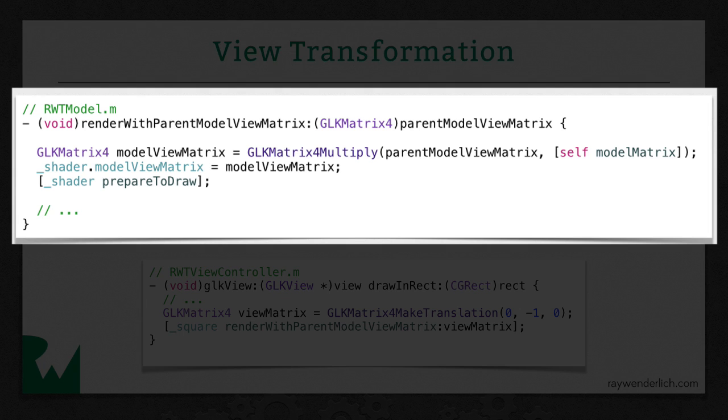So you can set the parent model view matrix to be however much the scene has moved. And then as the scene moves, obviously everything that's a child of the scene should move with it. So what you do here is you multiply the parent model view matrix by the model matrix. In other words, the model matrix is applied first, and then the parent model view matrix, which in this case is going to be the view, is applied second. And now we have a combined model view matrix.